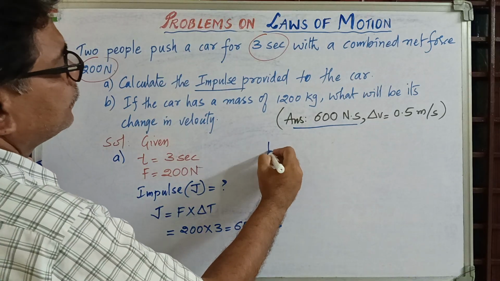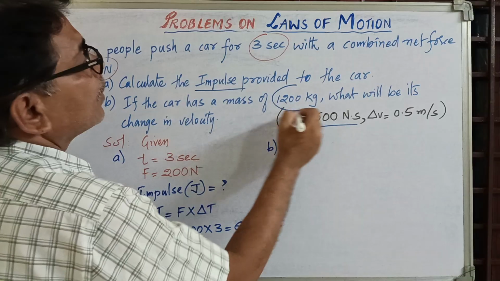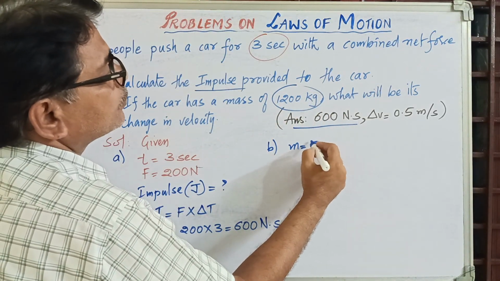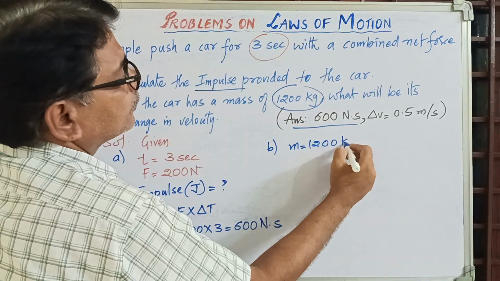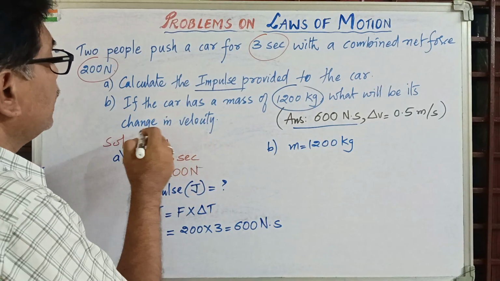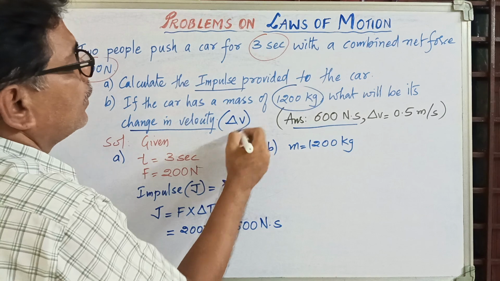Now B. If the car has a mass of, so mass is given in the second case, it is 1200 kg. What will be its change in velocity? Change in velocity means you should remember it is delta v.